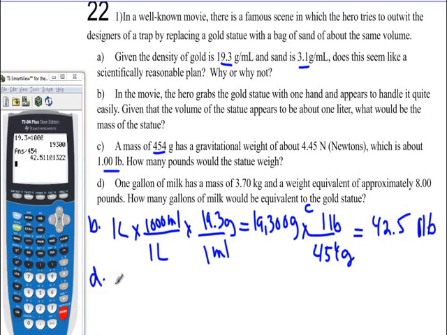1 gallon of milk has a mass of 33.7 kilograms and a weight equivalent to 8 pounds. How many gallons of milk would be the equivalent of the gold statue? So think about how you would solve this before I finish.